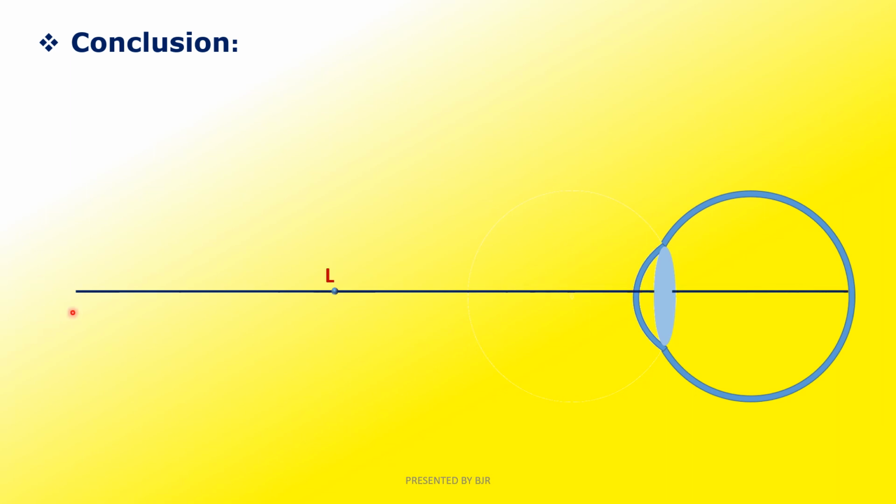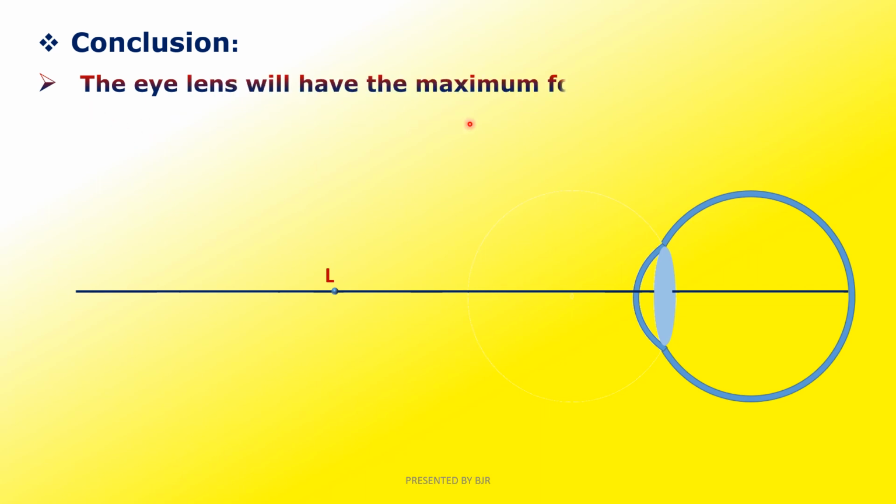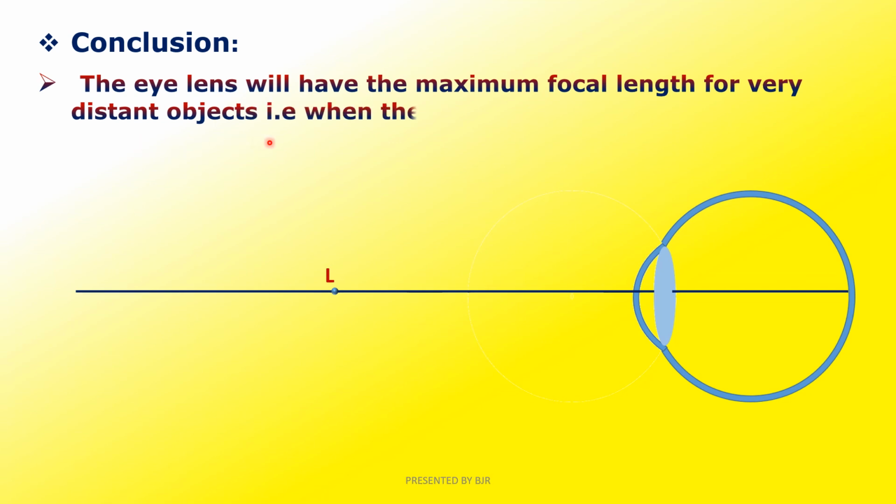The eye lens will have the maximum focal length for very distant objects, that is when the object is at infinity.